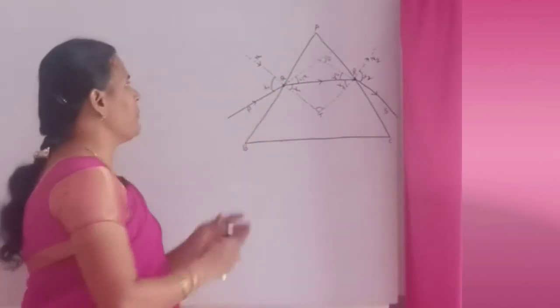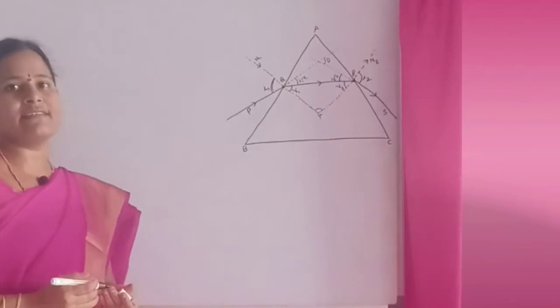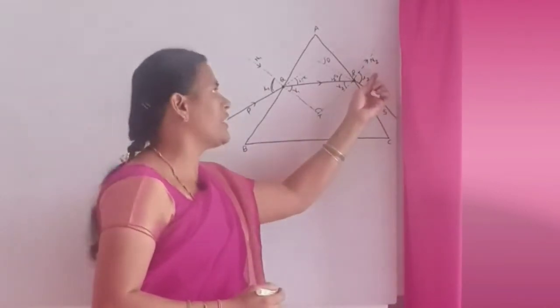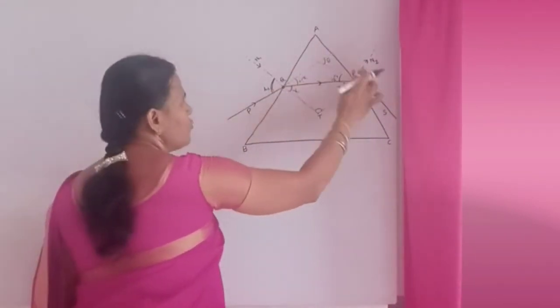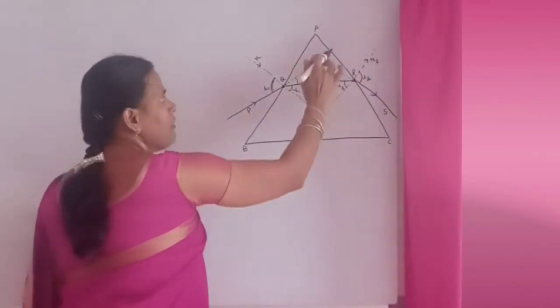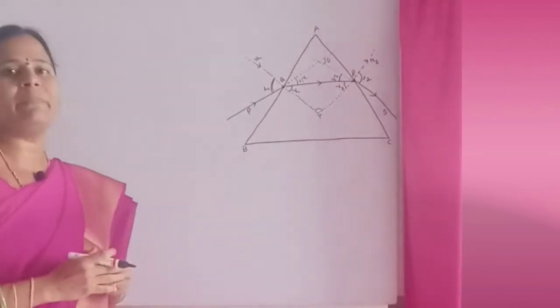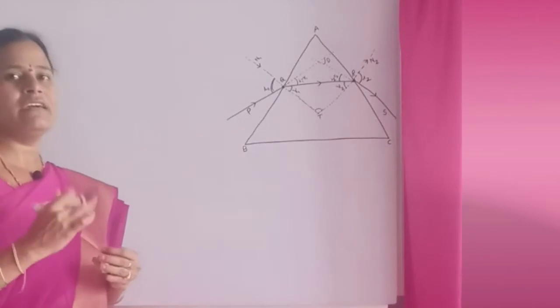At PQ it is the angle of incidence I1, and this is the angle of incidence I2 at the point R. Now I am considering PQ and RS extended to the back side. They intersect at one point. Here that angle is called the angle of minimum deviation D.